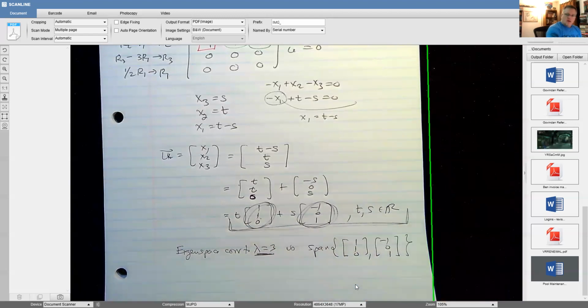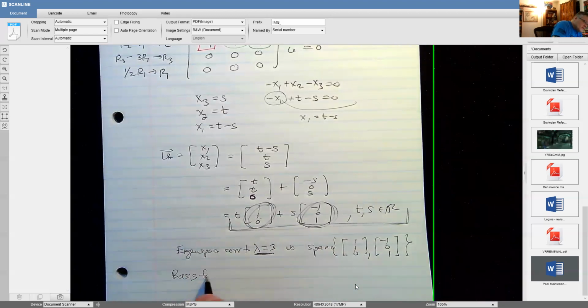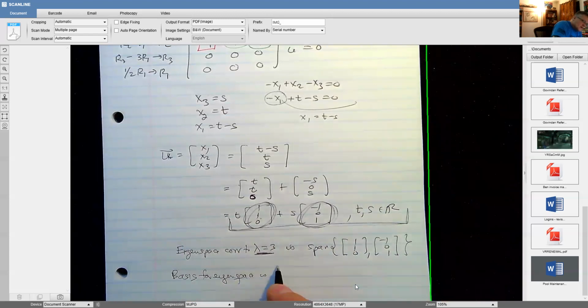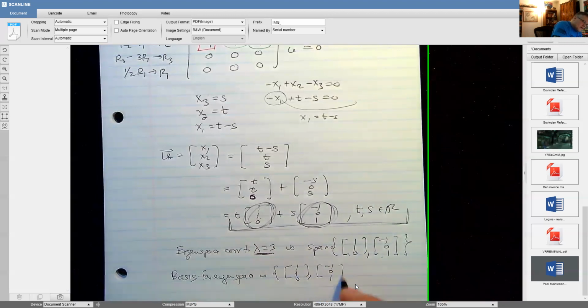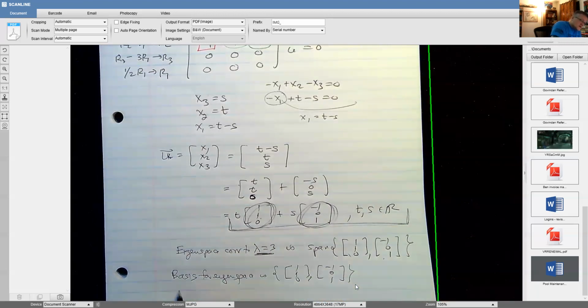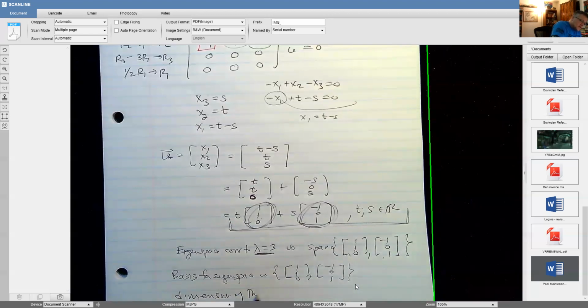Okay. And so a basis for the eigenspace is the set containing those 2 vectors. Okay, and so notice the dimension of this eigenspace is 2.